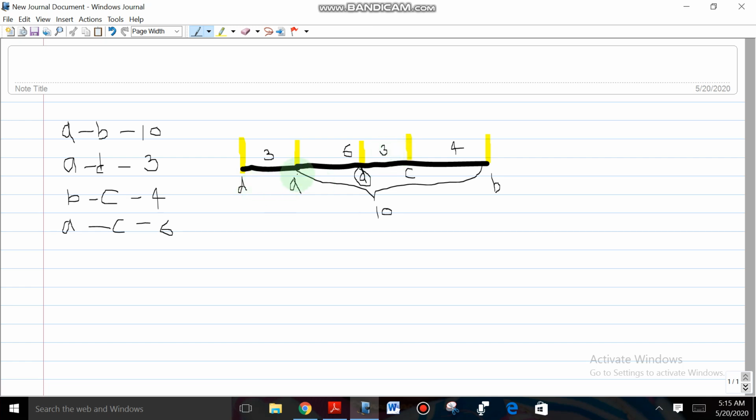In case D is present on this side of A, right? So what is the distance between C and D? A to C 6 plus A to D 3. 6 plus 3, how much? 9. So what is the answer? 3 map units or 9 map units.